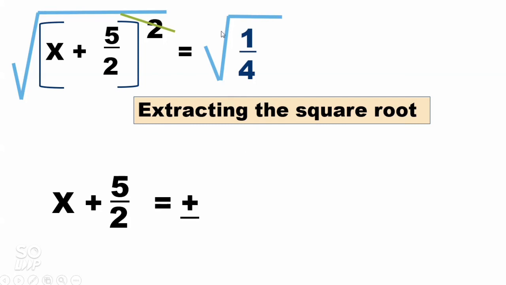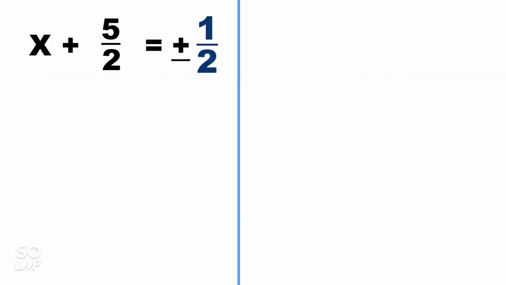Magkakaroon tayo ng dalawang value, which is plus or minus. The square root of 1 is 1, square root of 4 is 2. So we have x plus 5 over 2 equals plus or minus 1 over 2.